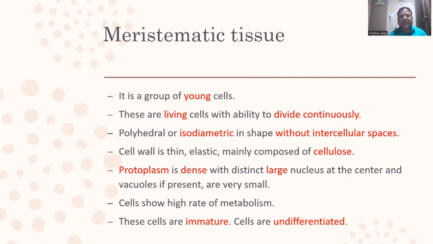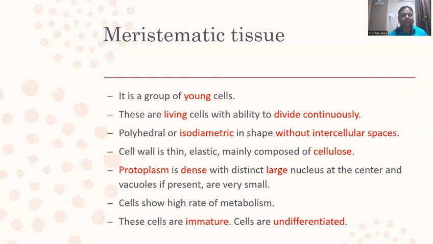Polyhedral or isodiametric means if they are polygonal, all are polygonal. If they are polyhedral, all are polyhedral. If they are oval, all are oval. So they are isodiametric, similar in shape, without any kind of intercellular space. So there is no space in between them, hence called without intercellular spaces.